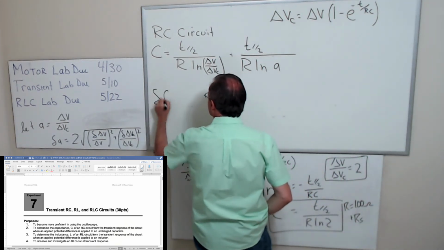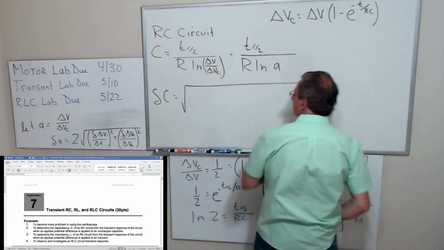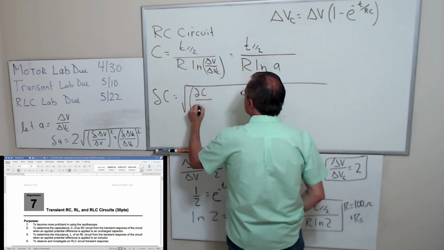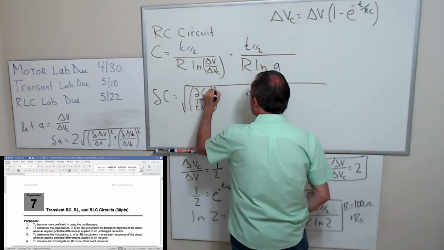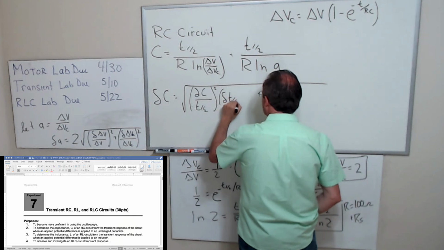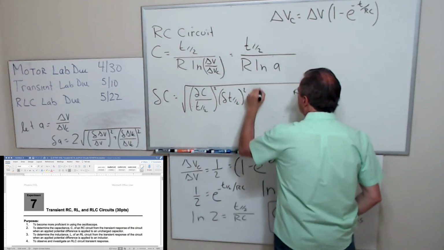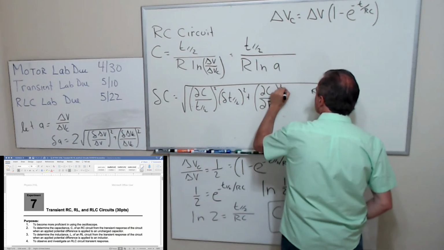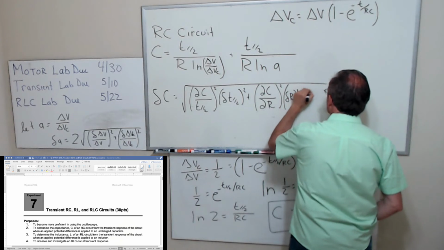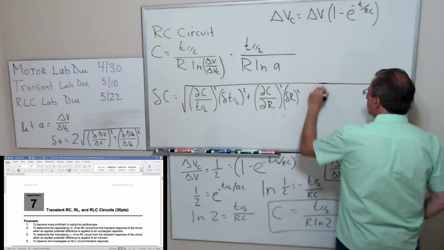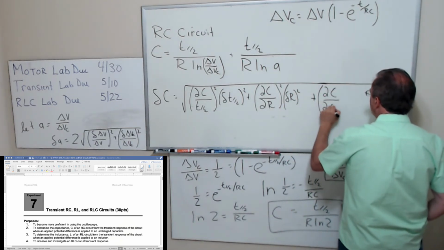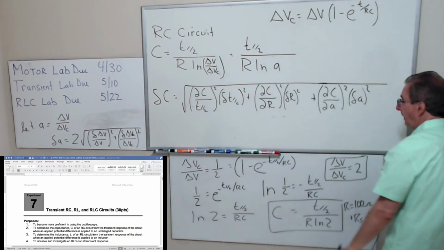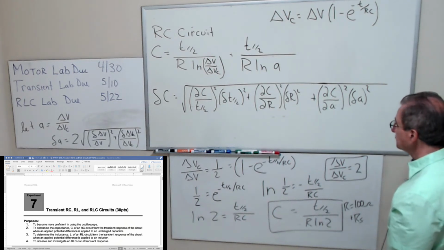So delta C is going to be what? It's going to be the partial of C with respect to T1/2, plus the partial of C with respect to R. That one's easy. Plus the partial of C with respect to A, which you calculated over there, okay? So what does this turn out to be?